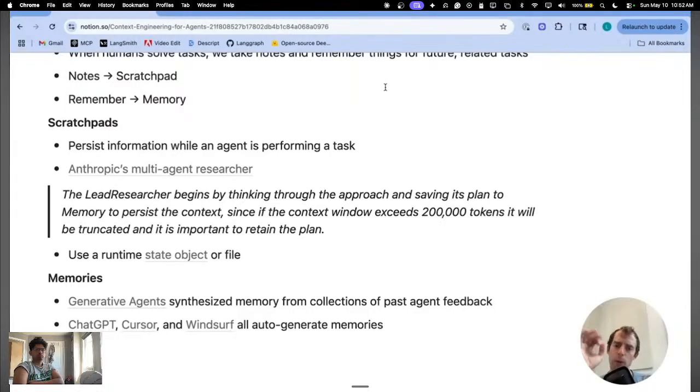Now, I do want to make a subtle point. The implementation for a scratch pad can differ. In their case, they just save it to a file, but you can also, for example, save it to a runtime state object depending on what agent library you're using. The intuition is that you want to be able to write information while the agent is solving a task, so the agent can then recall that information later if it needs.